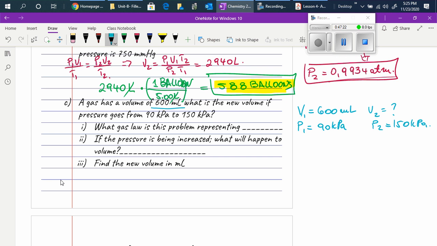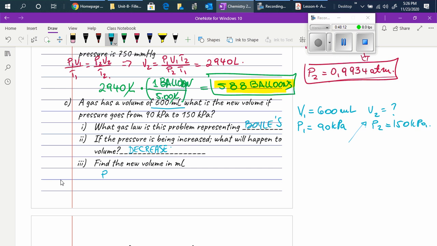So the law that you have to take into consideration here is Boyle's law. Why? Because in Boyle's law, the temperature is kept constant, and here nothing is mentioned about the temperature, and the amount is kept constant. Again, we know this now from the wording of the question. So the law is Boyle's law, and what are we expecting will happen here? Since the pressure is increased, then we should expect a decrease.